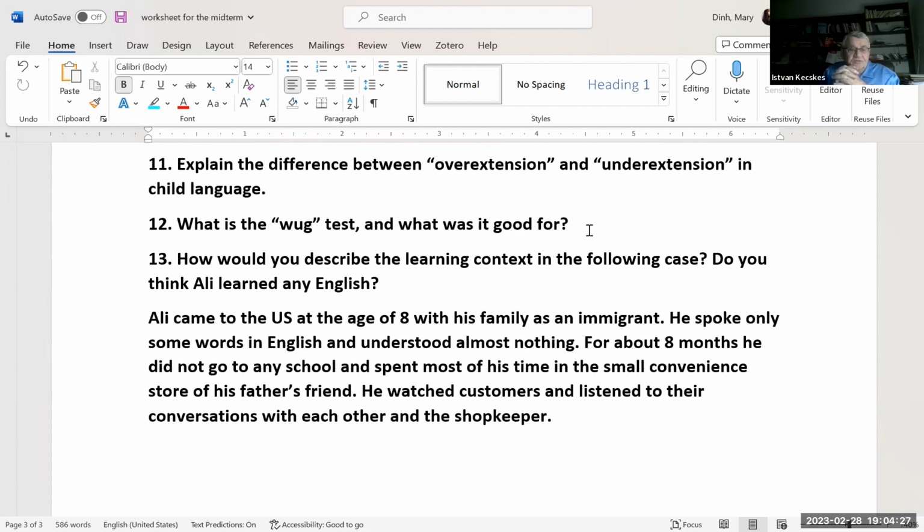Okay, so the next one is quite interesting. So the question is, how would you describe the learning context in the following case? Do you think Ollie learned any English? Please read the text very carefully and then answer it. You're gonna get a couple of minutes, okay? So read the text and tell me whether you think that Ollie learned any English, and how would you characterize the learning context? Okay, so from now, 2 minutes.